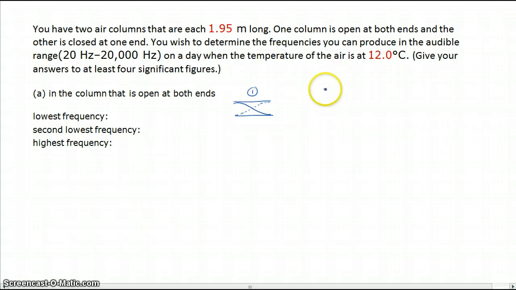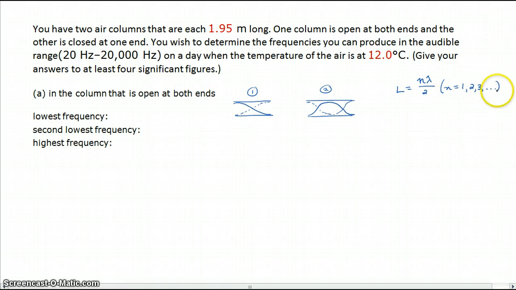In the second case, in this resonating tube, I still have to have the antinodes at both ends, but I can fit a full wavelength in here now, just like we were seeing from that PowerPoint slide, and so on. And we found that the governing formula for this is n lambda over 2, where n equals 1, 2, 3, and so on.